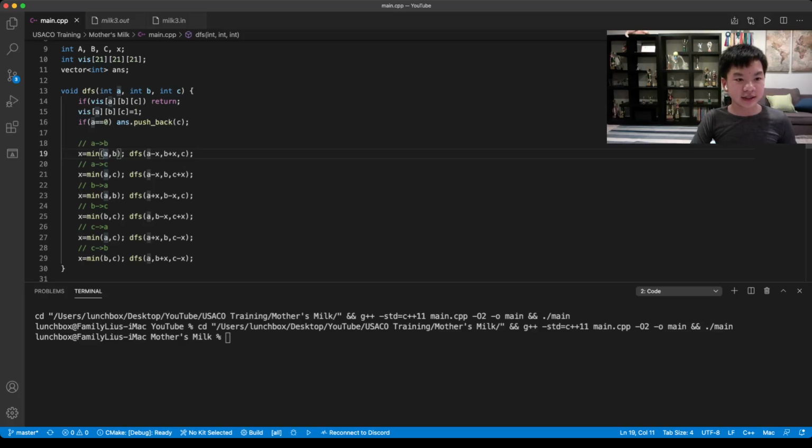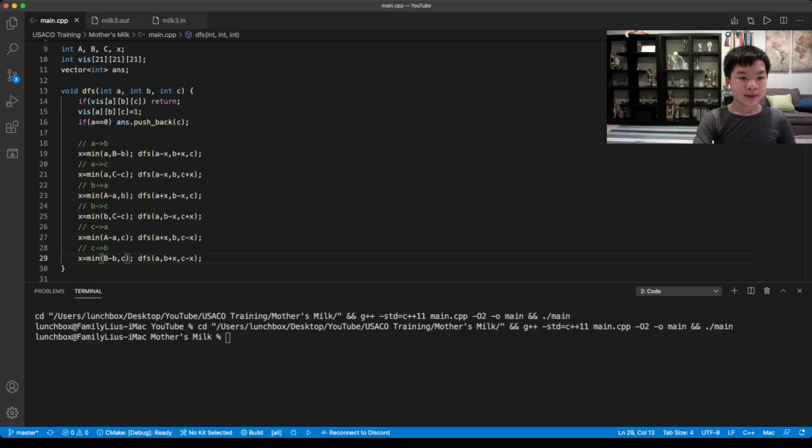So this should actually be, since you're pouring from A to B, then B would have B minus B storage. When you pour from A to C, this would be equal to C minus C. This would be A minus A, C minus C, A minus A, and here would be B minus B.